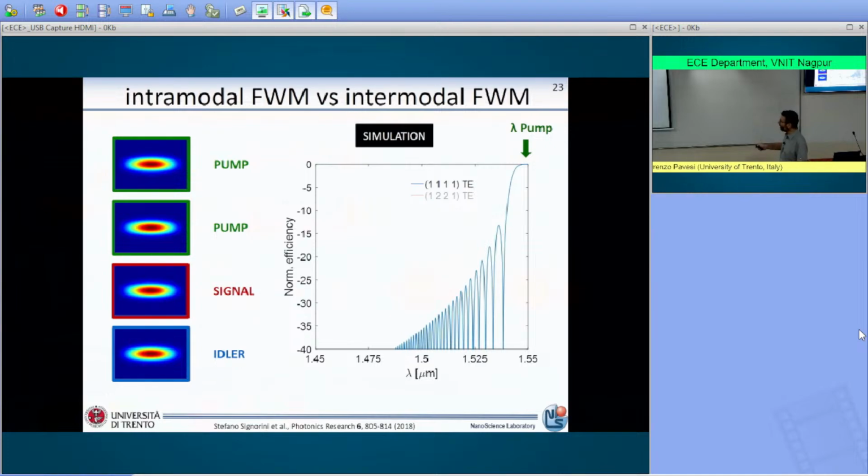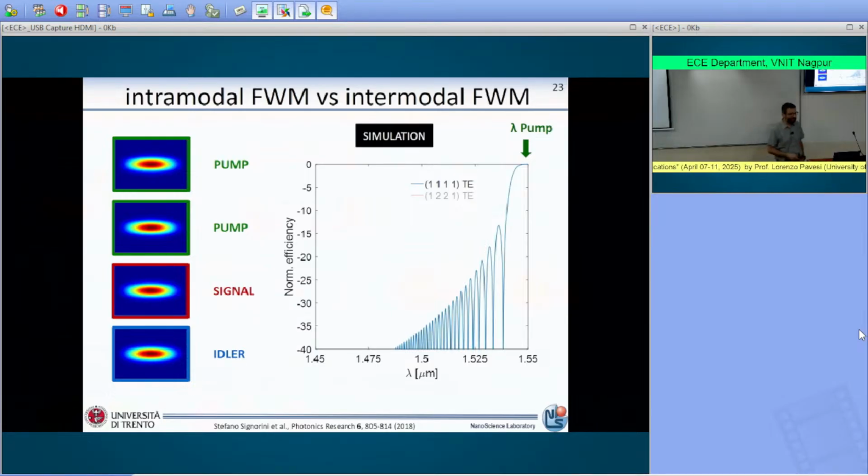This kind of behavior is the manifestation of the fact that the generation efficiency is the sinc function of the phase matching condition. As a result, all the photons, both the pump photons and the signal photons, have essentially the same frequency.